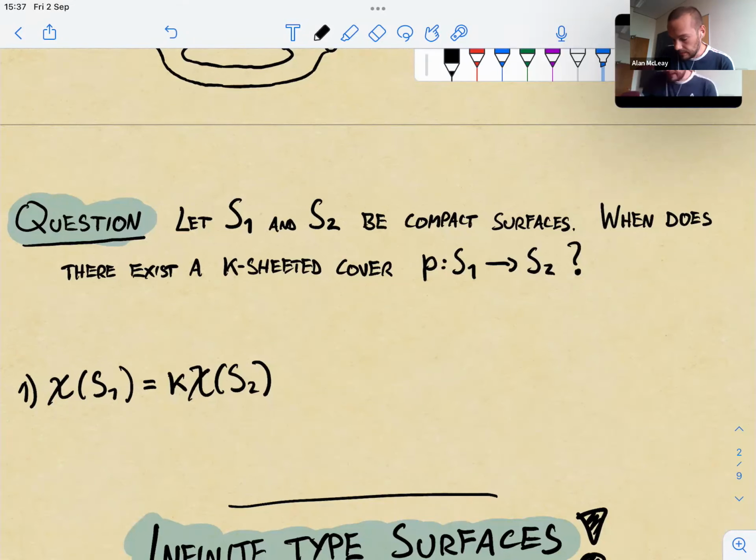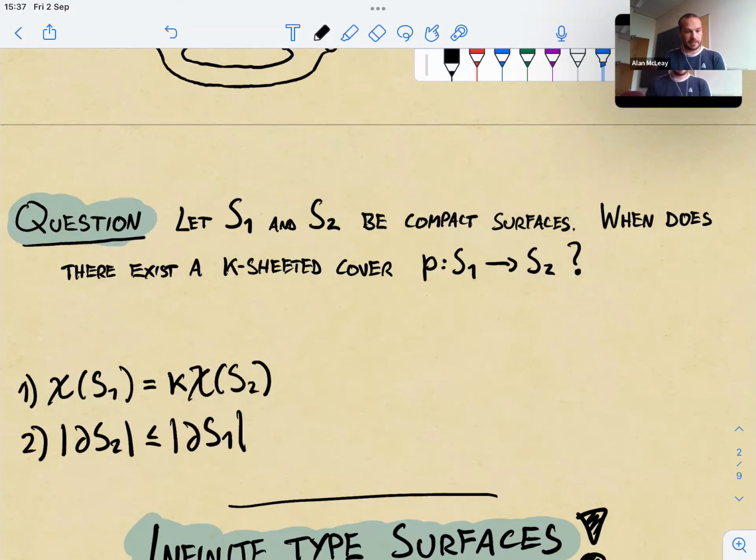And the second thing, if you're dealing with surfaces with boundary, is that the number of boundary components downstairs, in S2, had better be less than or equal to the number of boundary components in S1. I guess this just follows from some kind of path lifting property. Every boundary component needs to have at least one pre-image, sometimes exactly one, sometimes more. But it can't get too big, right?